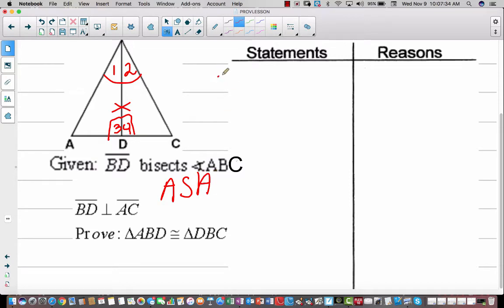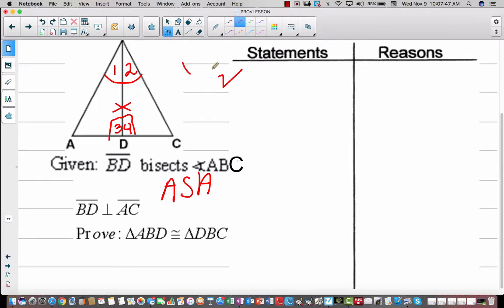Now when we actually start writing, remember the first step would always be to start with the first given. Let's go back to the pen. My first given, which would be my step 1, would be to say that BD bisects angle ABC.